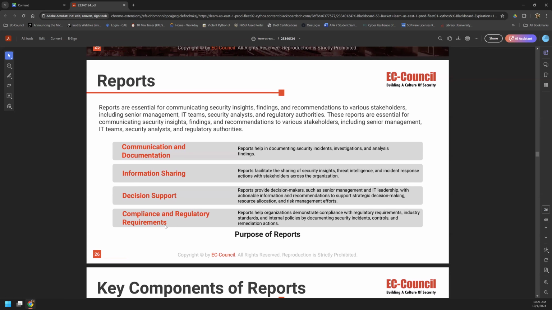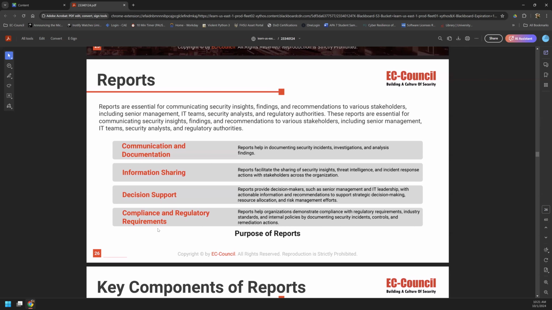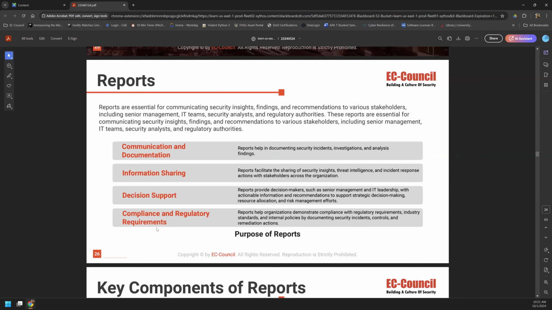You have a denial of service attack. Great. What does that really mean to the team as a whole in non-technical terms? So finding insights and recommendations for the various stakeholders, including senior management, IT teams, security analysts, and regulatory authorities.